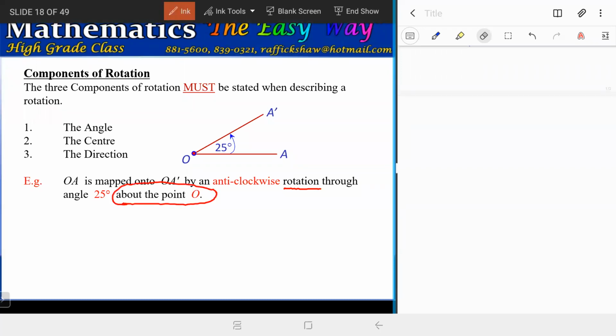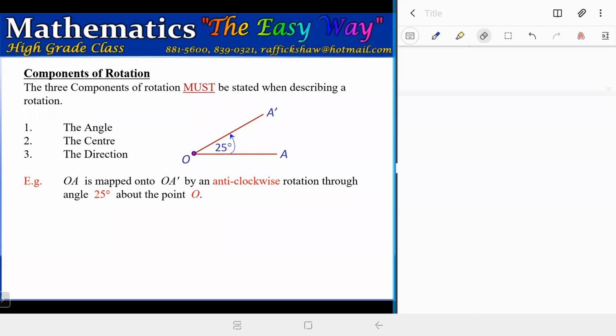People tend to state the direction and the angle, and for some reason, they tend to forget the center. Let us not let that happen to us. Always describe it fully. Give the angle, direction, and the center, and you also give the name.